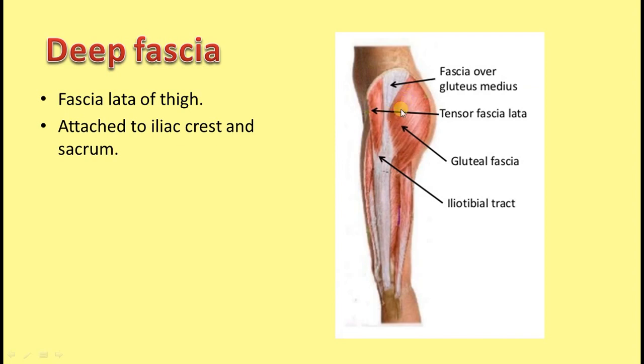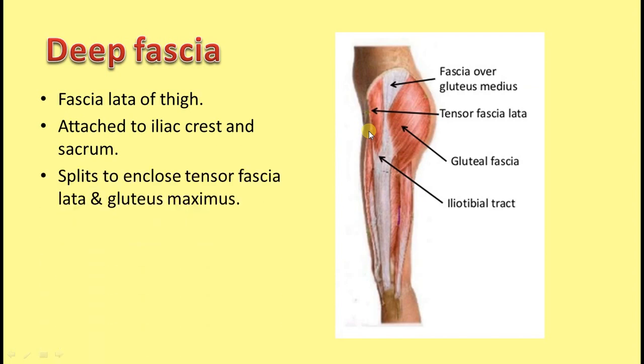Now it receives the insertion of these two muscles. Posteriorly the gluteus maximus muscle, and anteriorly it splits to enclose the tensor fascia lata muscle. Then on top of the gluteus maximus, it goes and gets attached to the sacrum. So laterally the iliotibial tract, I told you.